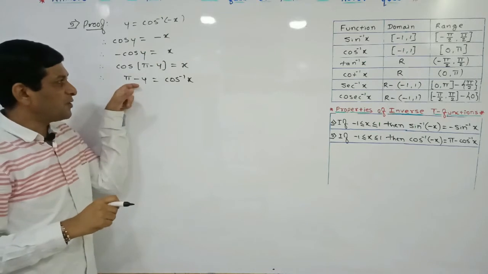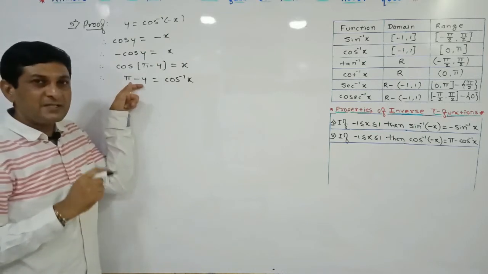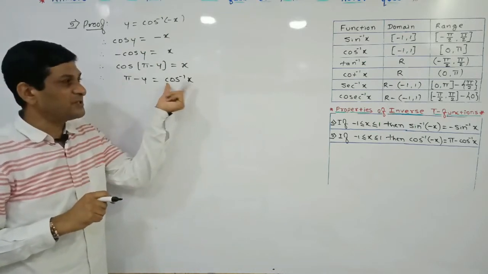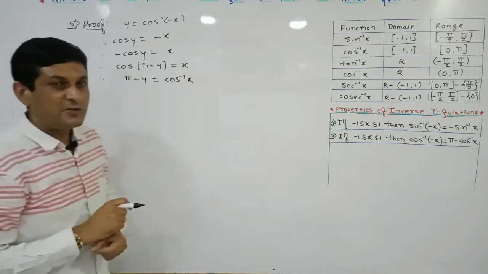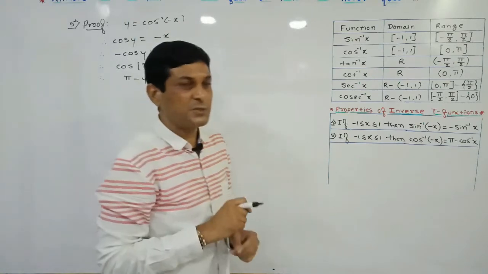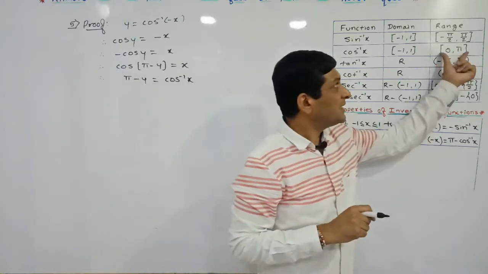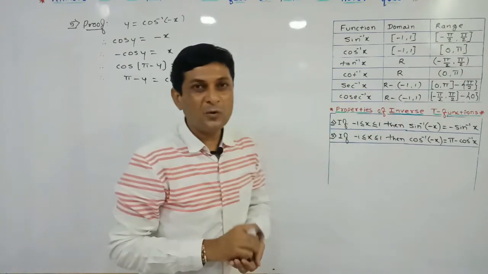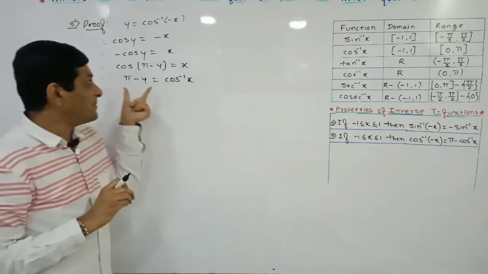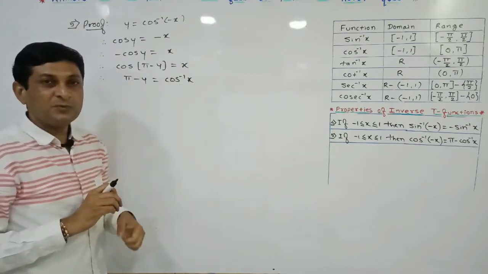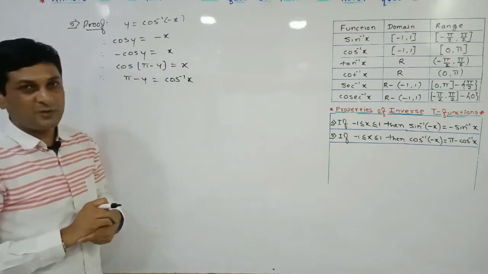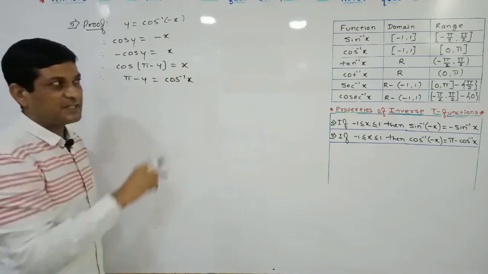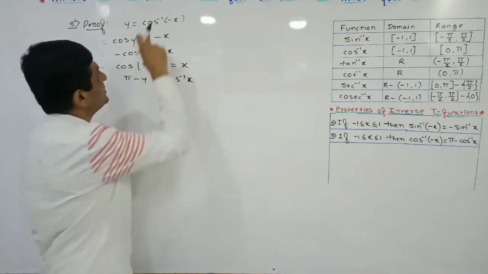Now here we can observe that pi minus y is the value of which inverse trigonometric function? Cos inverse. If it is the value of cos inverse, we have to prove that it belongs to its range, and its range is 0 to pi. Now let us check whether this pi minus y belongs to the range set 0 to pi or not.